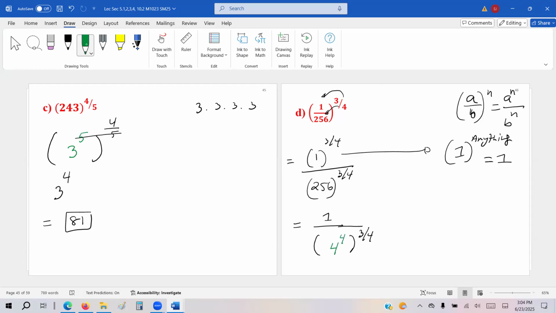In your exam, you actually have to multiply: what is 2 to the 4? What is 3 to the 4? What is 4 to the 4? And then figure it out. So the 4 powers cancel out. We have 1 over 4 cubed. 64. Yeah, 64. I was thinking about 16.